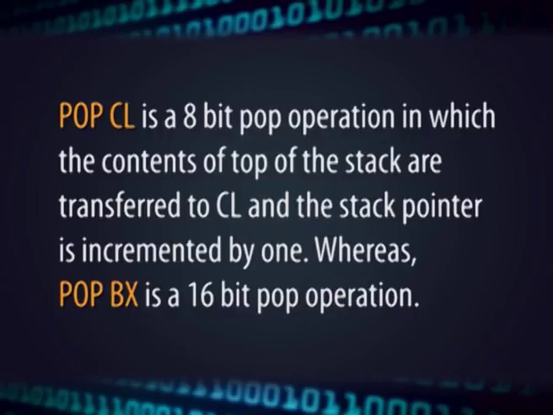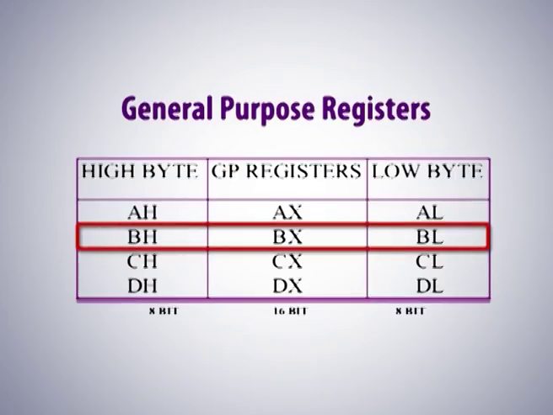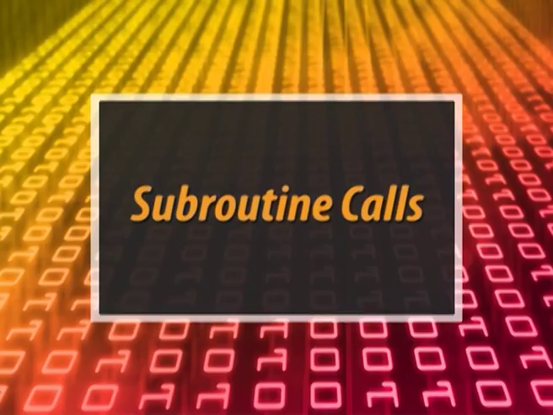Whereas the pop BX is a 16-bit pop operation, and the top of the stack contents are copied to the lower order 8 bits of the register first. Next, the stack pointer is incremented by 1, so that the next byte is copied into the higher 8 bits of the register BX. In all, the stack pointer is incremented by 2 by a 16-bit pop operation.